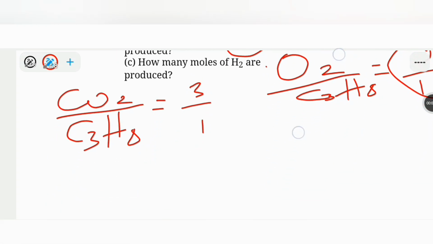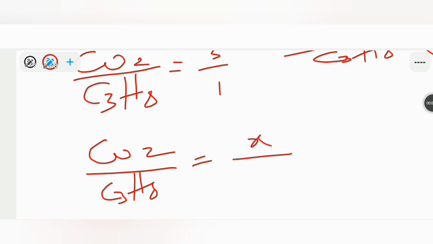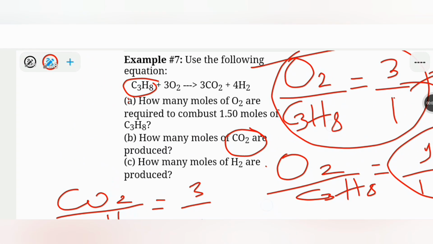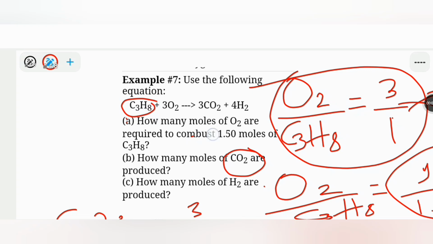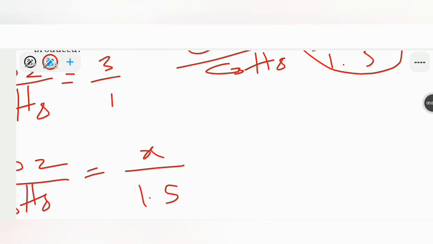Now the molar ratio from the question. CO2 over C3H8. CO2 is what I'm looking for, so let me call it X. The molar ratio from the question, that's C3H8, you can see that it is 1.5. So equate these two.